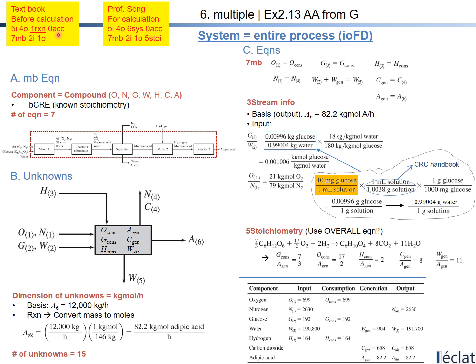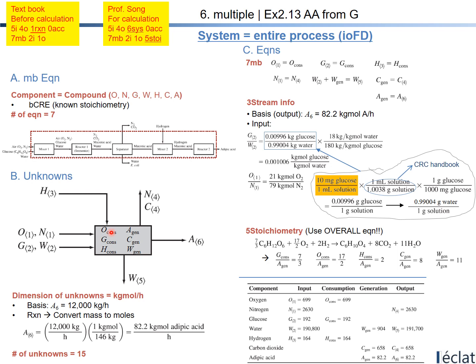So in my case, 5 input, the same. 4 output, the same. But in my case, I will count every term for the system. We have 3 reactants, oxygen and glucose and hydrogen. So oxygen, glucose, hydrogen consumption terms are available for the system variables.